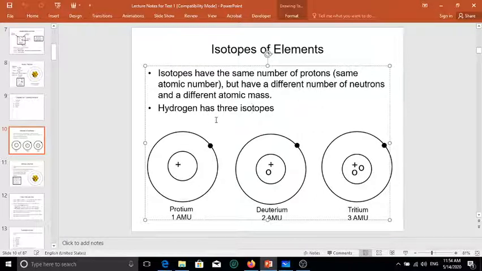Here's a quick example showing three different isotopes of hydrogen, the number one element. We use a smaller circle representing the nucleus and a larger circle representing the orbit the electron travels on. The little plus symbol represents a proton with positive charge.